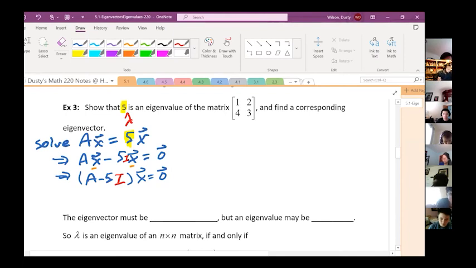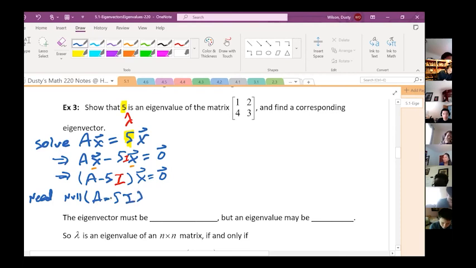So we now have (A minus 5I) times x equals 0. This is the homogeneous equation. We're looking for non-trivial solutions. So effectively, what we're looking for is the null space of A minus 5I. The null space of A minus 5I.